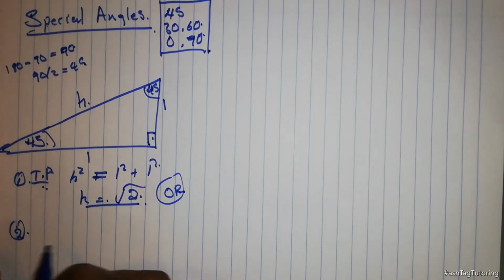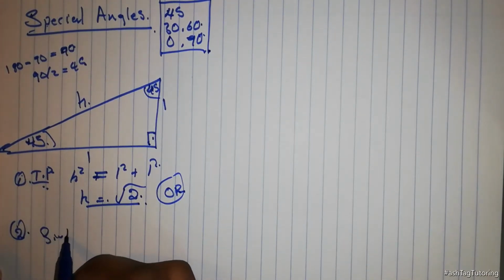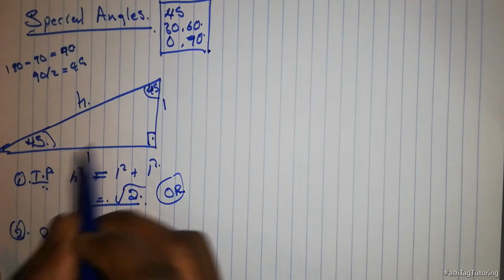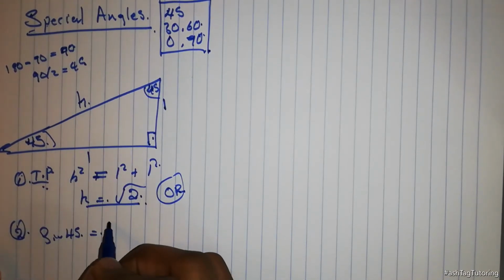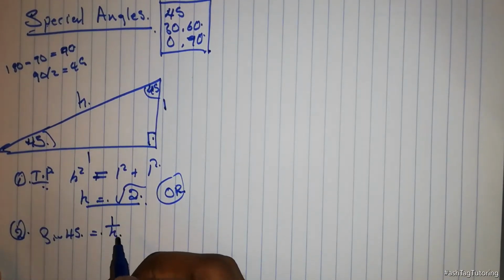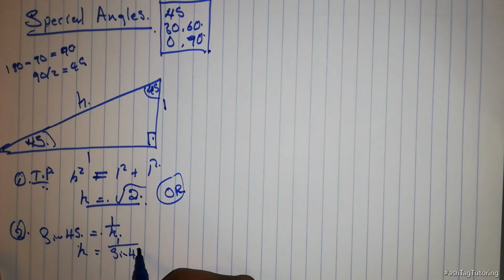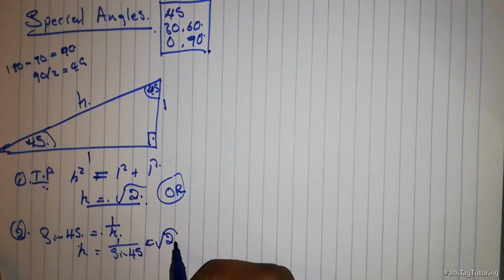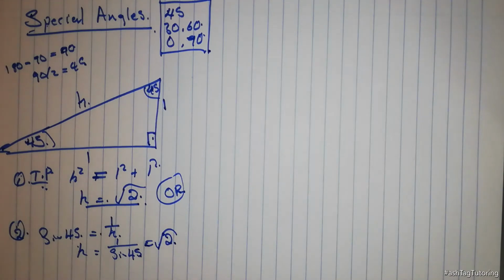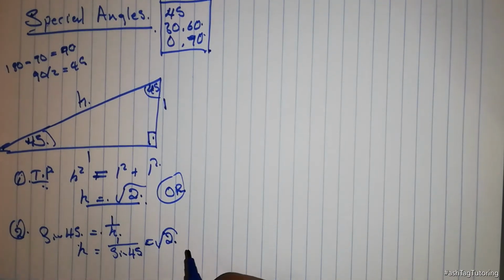In this case, we can use a sine 45, which is opposite over hypotenuse, that is 1 over h. Okay. To determine the value of h, you can use your calculator and you will arrive at h is equals to a root of 2.